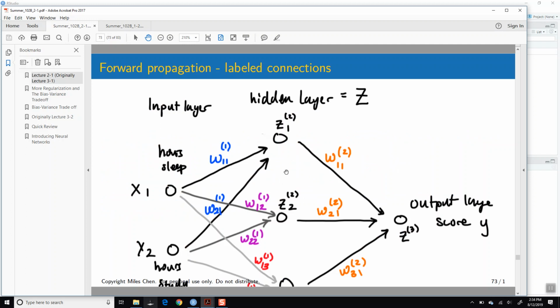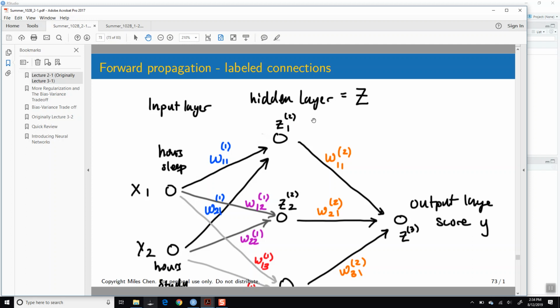Okay, so this is what we have. We've labeled this: we've done x times w, and we get z. We've applied the activation function to z, and we get a. So z is n by 3, since we've got 3 nodes. We activate them with the function, and we have a, which is n by 3.